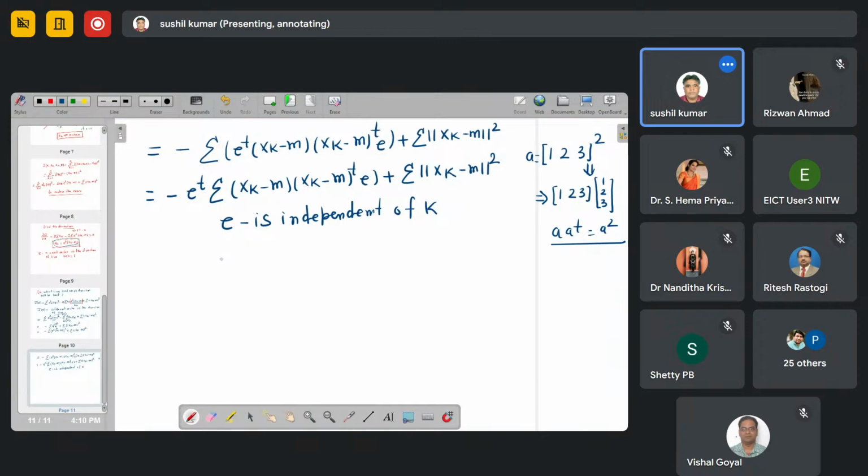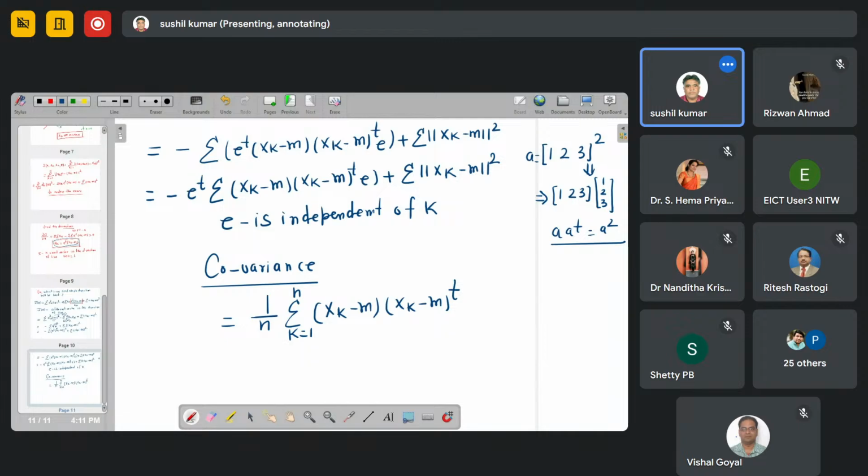Here we actually have the covariance matrix. If you know the covariance formula, we already discussed it in the beginning: 1 upon n, sum over k equal to 1 to n, of (x_k - m)(x_k - m) transpose. This is the covariance formula.